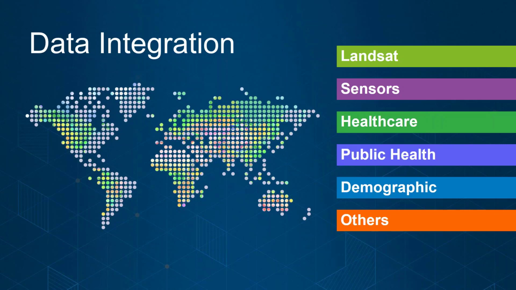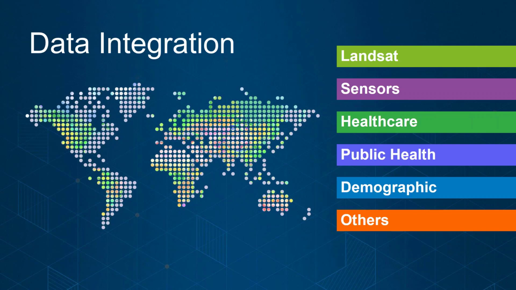This is potent because you can bring together many different kinds of data, from satellite imagery to different kinds of sensors like climate, pollution, or any number of IoT medical devices, as well as healthcare data, public health data, demographic data, commercial spending, insurance coverage, and much, much more.